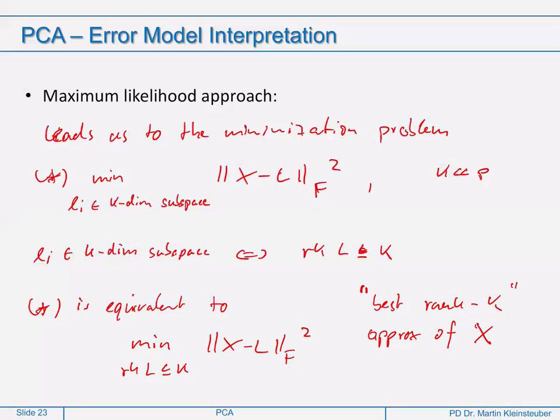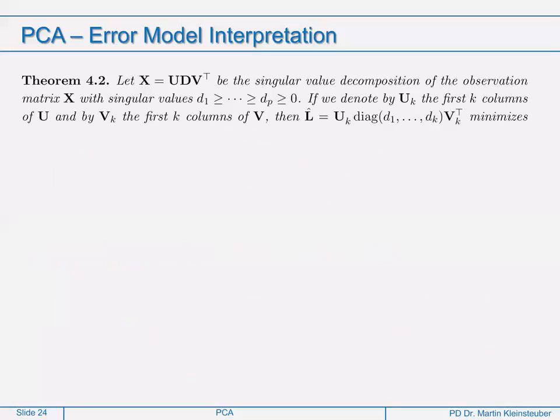And we have this theorem here that gives us a solution to that problem. The solution is given by the singular value decomposition of X. Right? So that means if we have a singular value decomposition of X, then we can construct the best rank k approximation L by taking the first k singular values and the first k singular vectors of X exactly in that form.